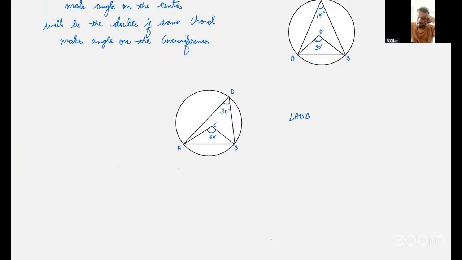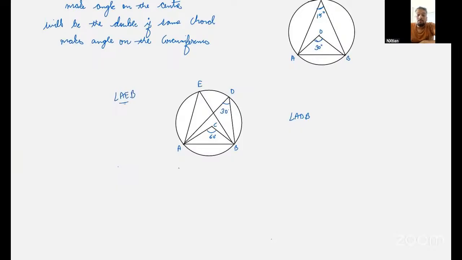Now, everyone, please pay attention. One more thing that we are going to learn. Now, for example, this is one more angle created by the AB chord, and the name of this angle is angle AEB.